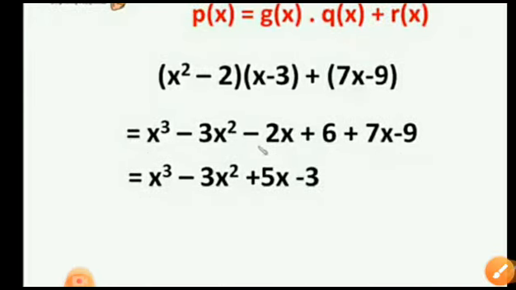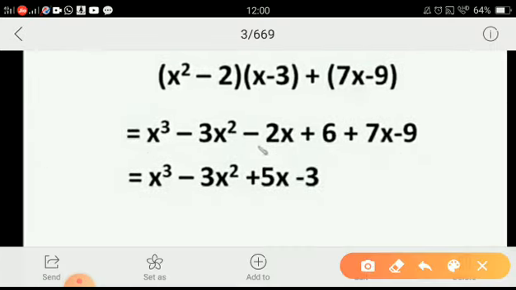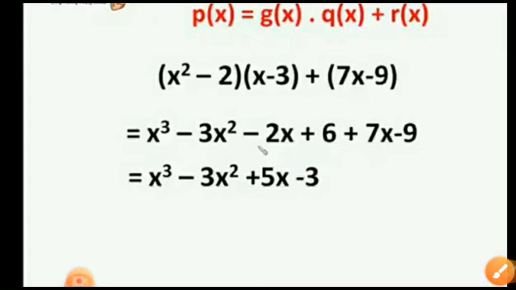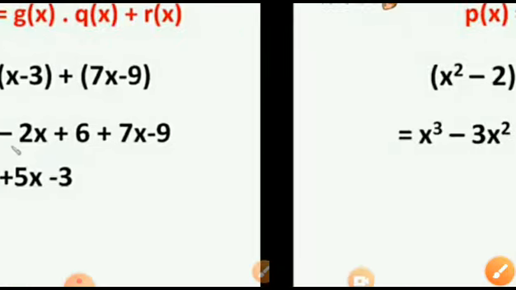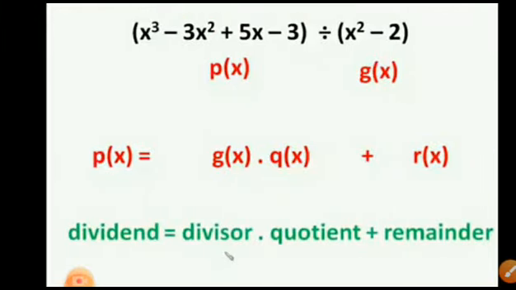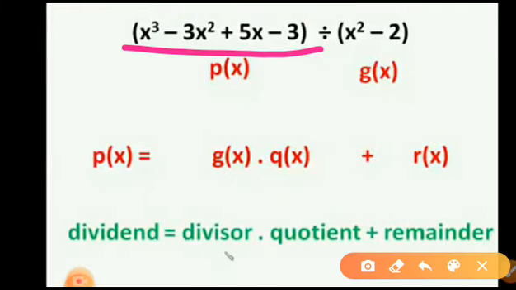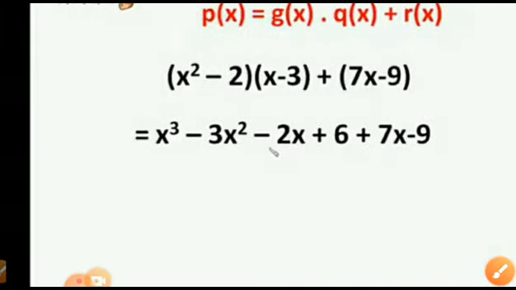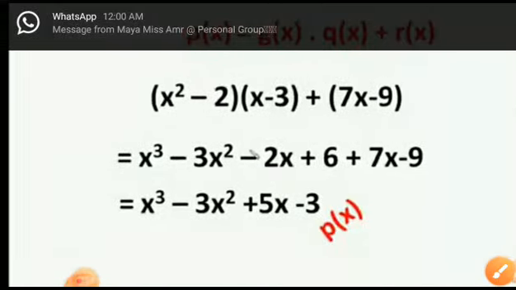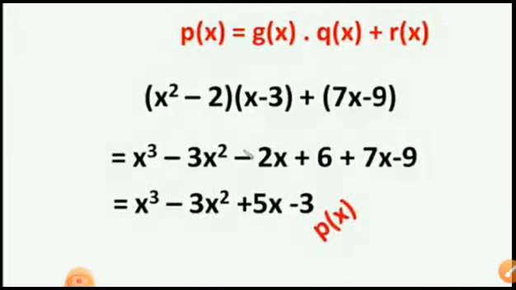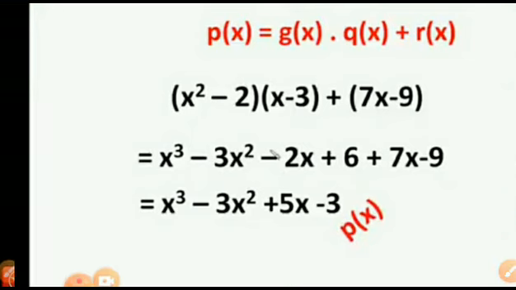So after simplification, I'll be getting this as the answer. Now see whether this is the polynomial that we had divided. Yes. So can I say that it will be my p of x, I have got it as g of x into q of x plus r of x.